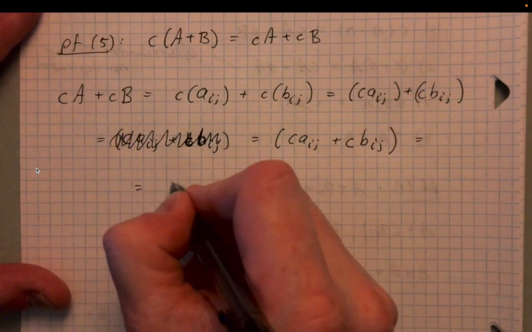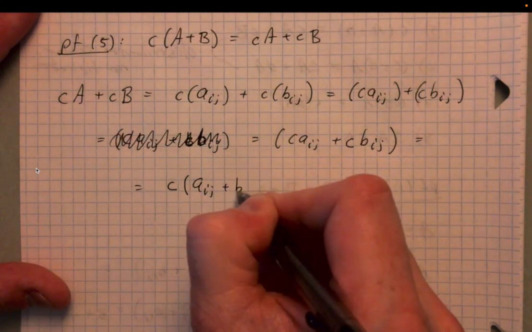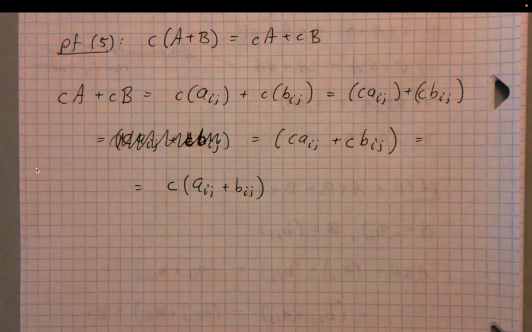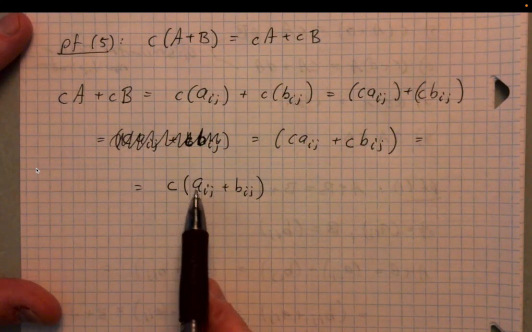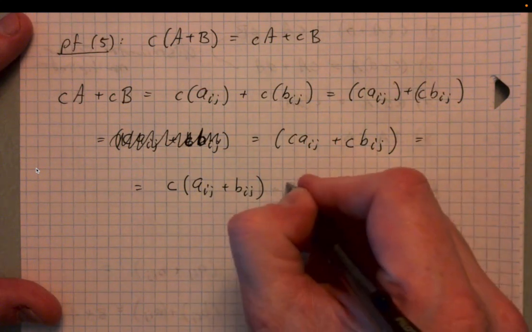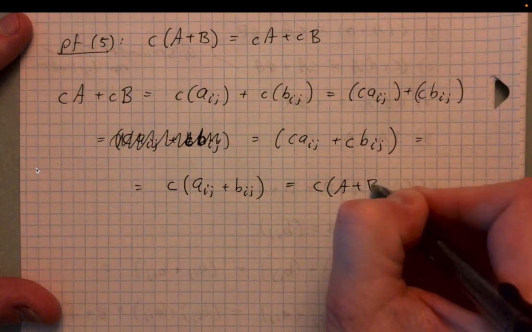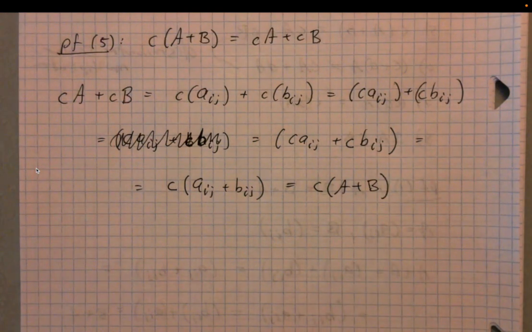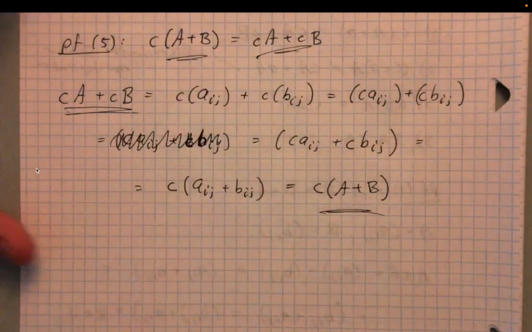I can go [c times (aij plus bij)], like so. And then this is a constant times the ij entry of a matrix, and so that means this is just C times (A plus B). So you can see we went from this to this, which is what we needed to do.